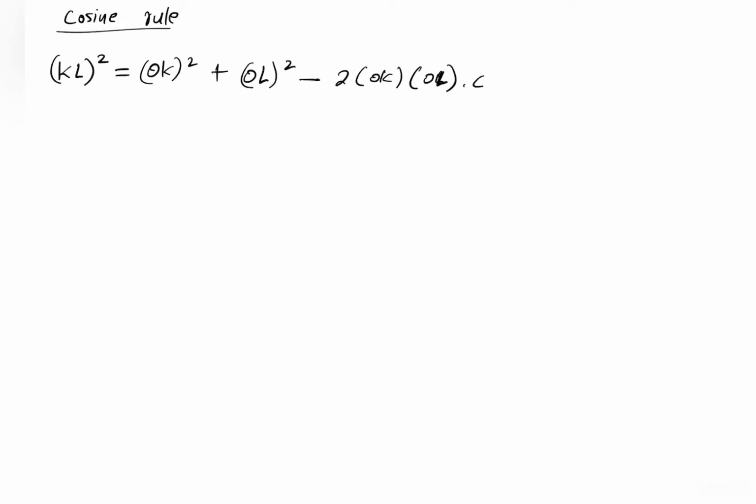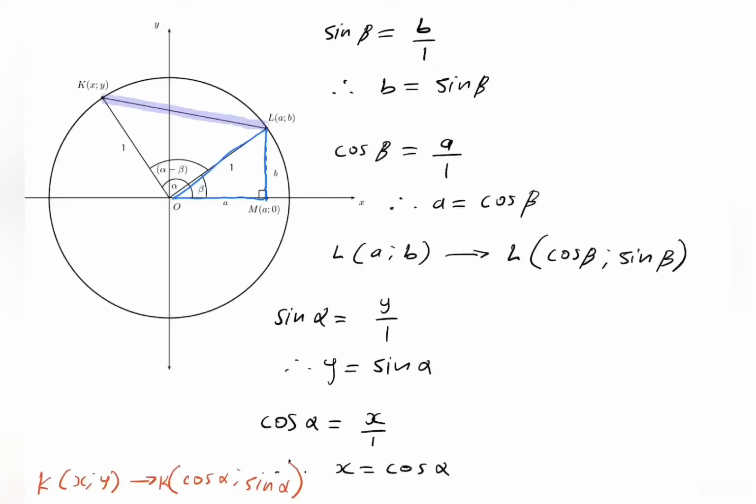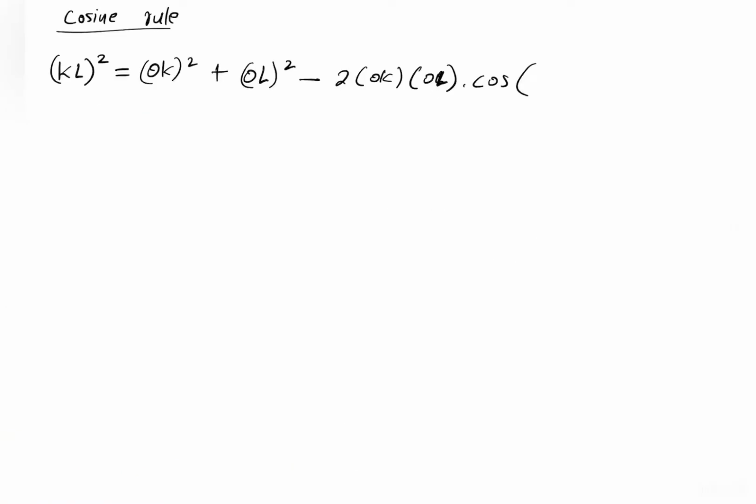And then the cos of the angle that exists opposite to this length KL, which is alpha minus beta.